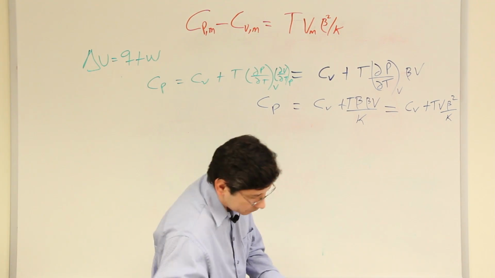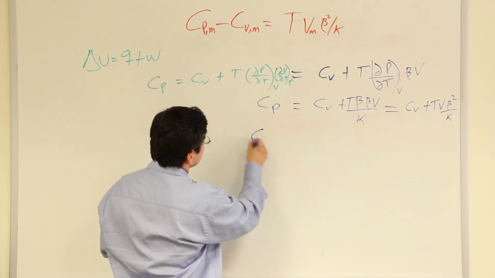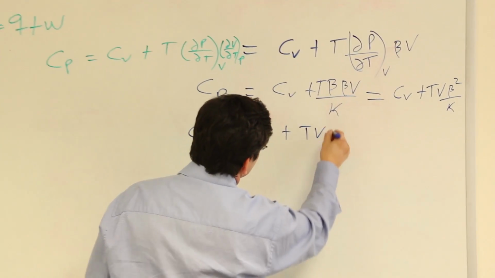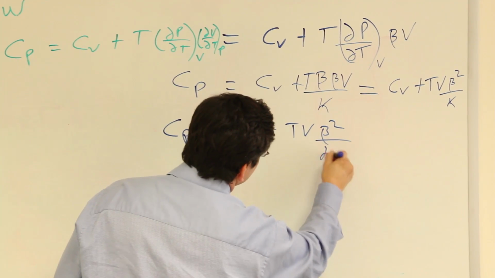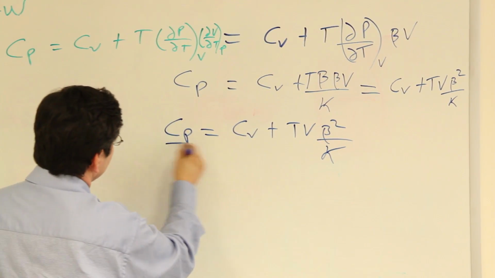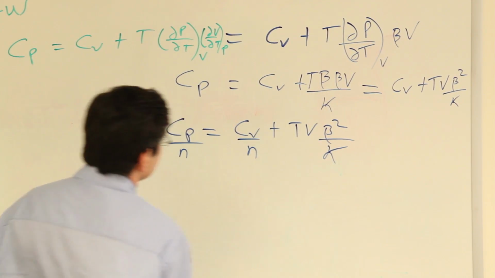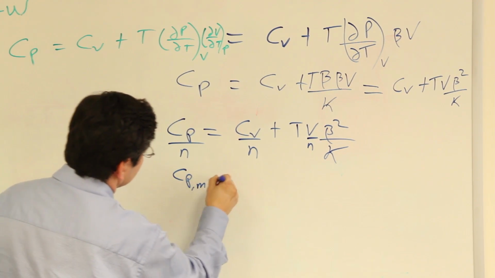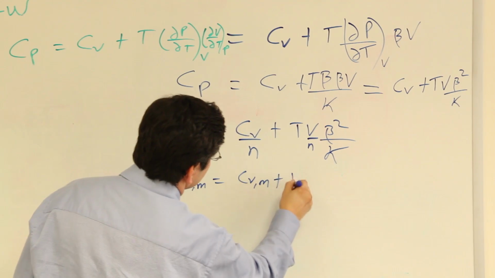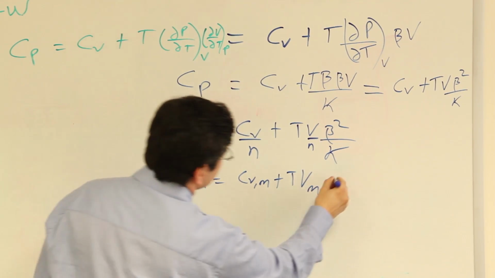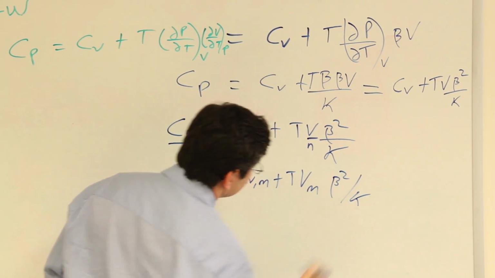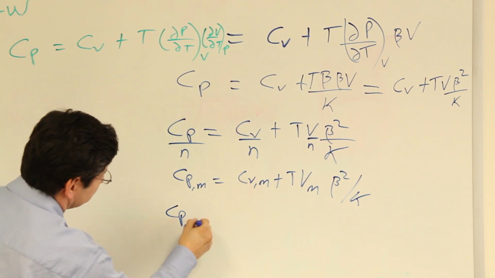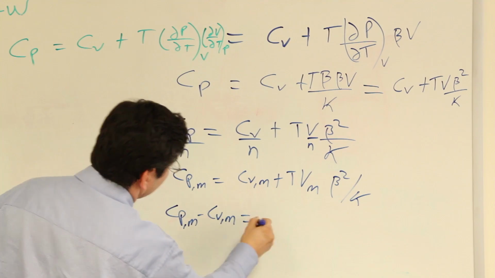So far we have Cp equal Cv plus T V beta squared over kappa, divided by n. Every quantity, then we will have Cpm equals Cvm plus T Vm beta squared over kappa. And then moving Cvm to the other side, we have what we wanted.